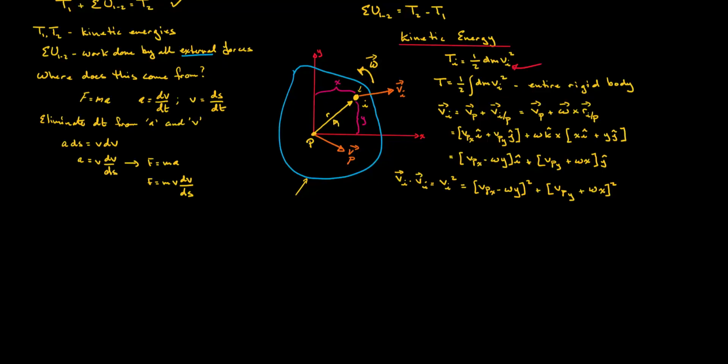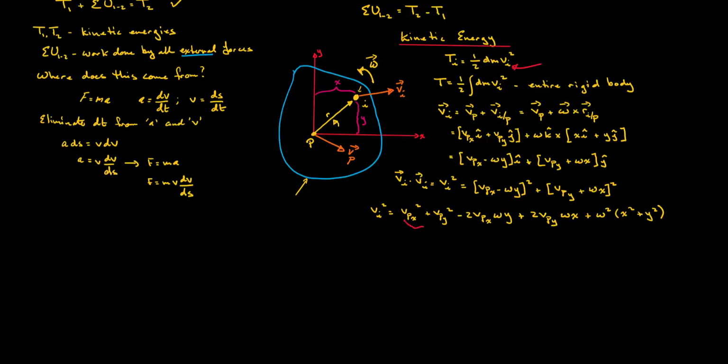If we expand this, what we find is that Vi squared is equal to Vpx squared plus Vpy squared minus 2 Vpx omega y plus 2 Vpy omega x plus omega squared times (x squared plus y squared). So what does this tell us?